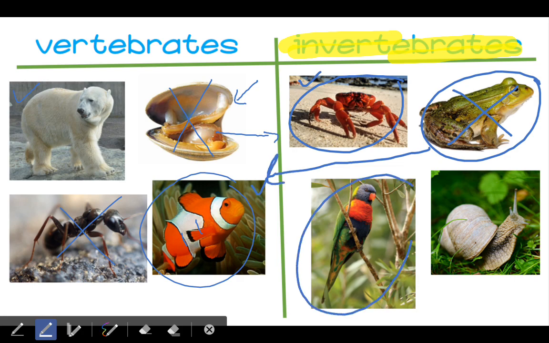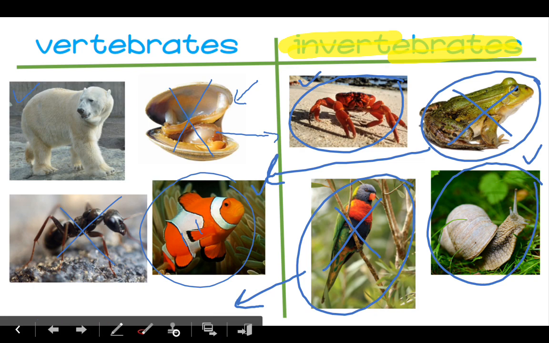Look at the parrot. Is a parrot an invertebrate? No, it's a vertebrate. So it should be in this part. And the snail, is it invertebrate? Yes, so it is correct. Do you want to see the solution? Yes, do you want to see it all correct?